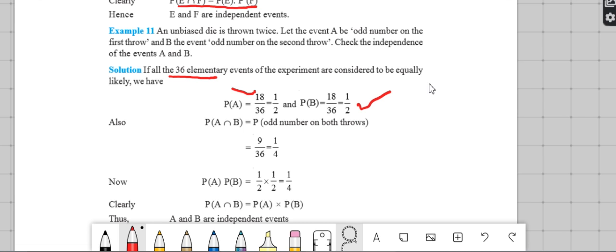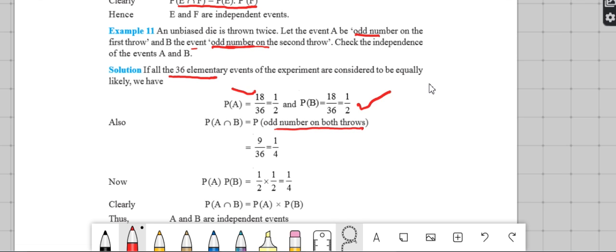Both are odd numbers, so we don't have any problem to find out. Now P of A intersection B is equal to odd number once again on both throws.